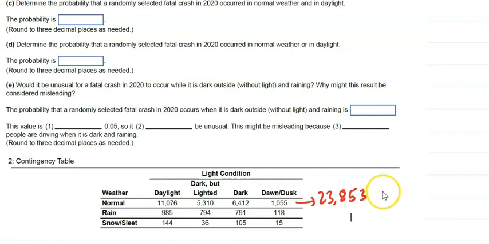That many fatal accidents in the normal weather, and how many fatal accidents in the rain weather? We have to add all this rain with 2688. You got to add that, and how many accidents in the snow weather? You add them, total again, you get 300 accidents. So this is the total number of accidents in different types of weather.